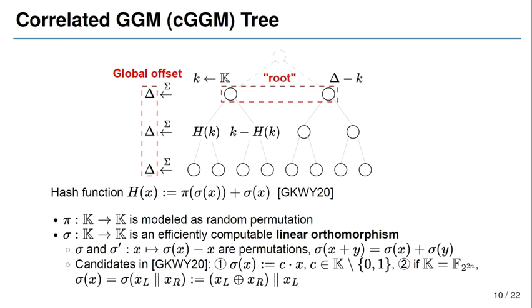To maintain this property, we define for each node x its left child node as h(x), and the right child to be x minus h(x). Here, h stands for a hash function, and we can use the construction from GKWY. In this construction, pi is modeled as a random permutation, and sigma is modeled as an efficiently computable linear isomorphism.